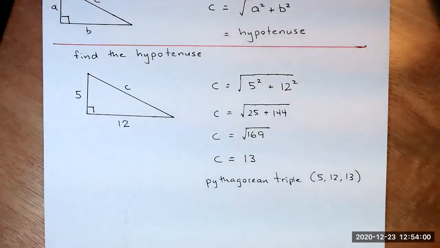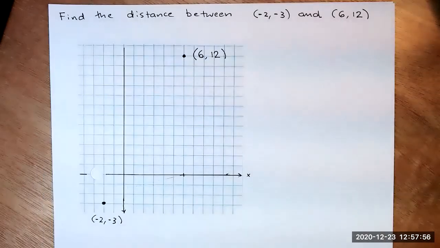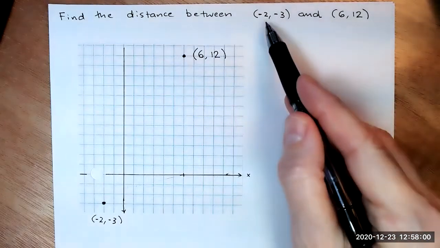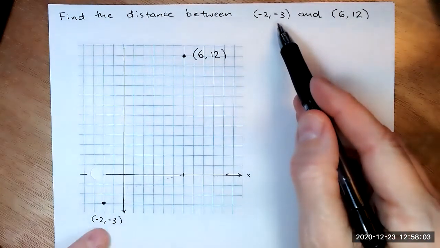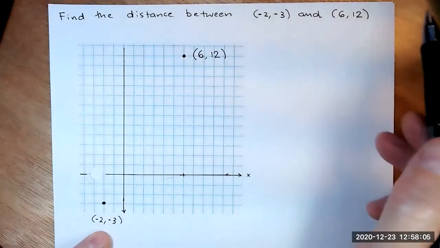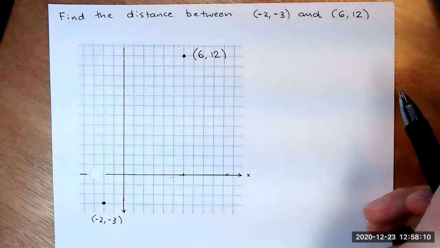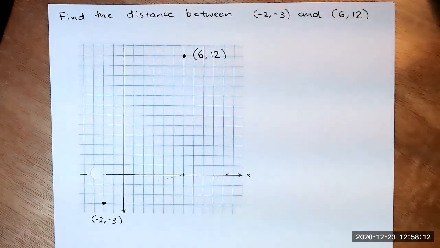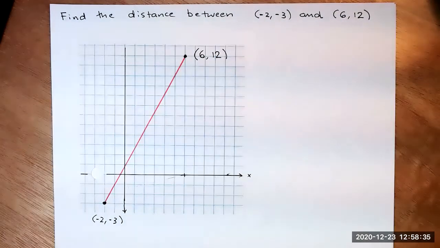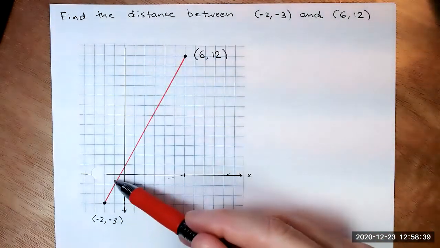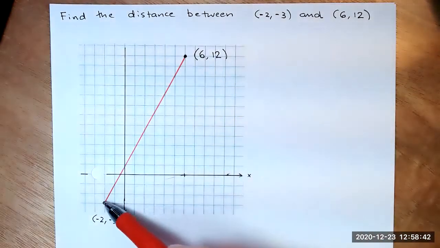All right, how will we use this to find the distance between 2 points? All right, so we want to find the distance between -2, -3, and 6, 12. Well, how can we use the Pythagorean theorem? Well, let's do a little drawing here. So first, we want to make note that we're looking for the length of this line.